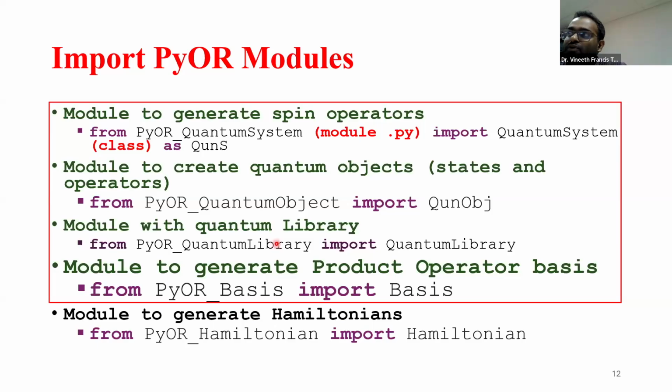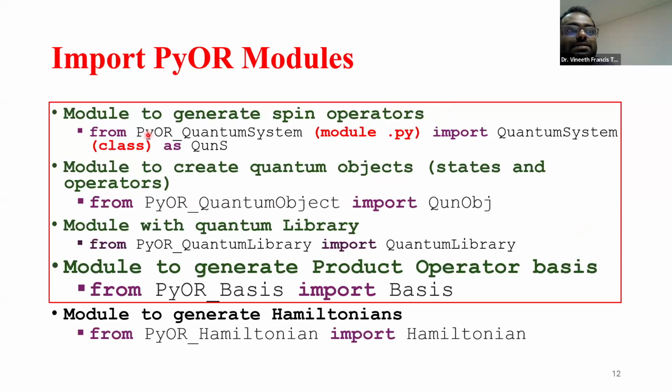Now, when you write a simulation script, you want to first define the path to the source codes, and then import different modules. PyOR has many modules, and the first four modules I have mentioned in this red box are the pillars of PyOR.